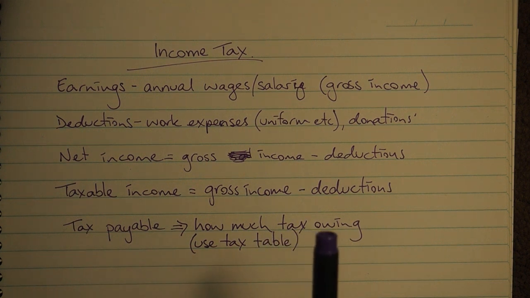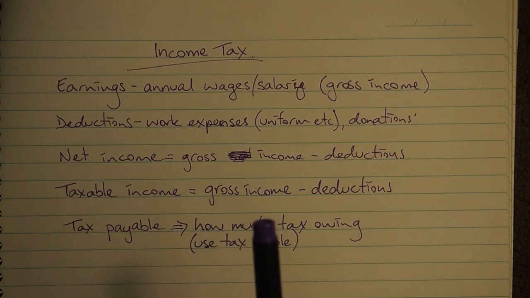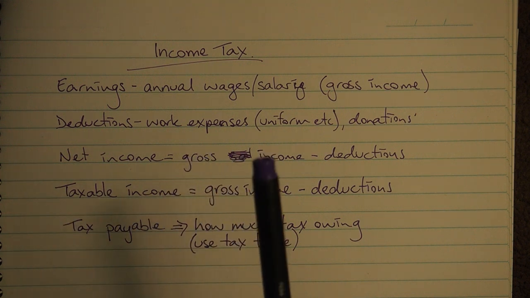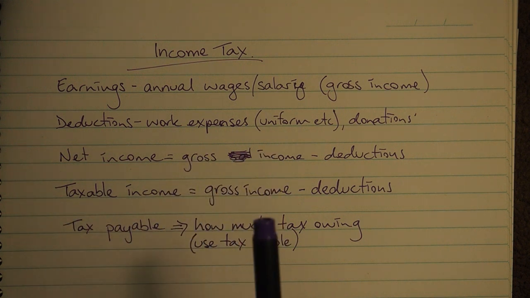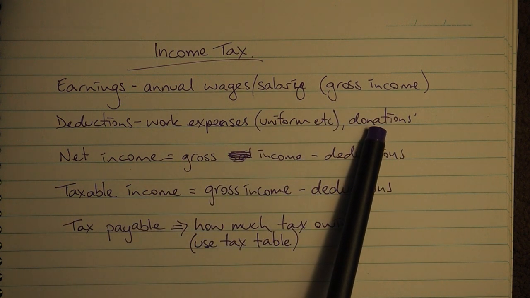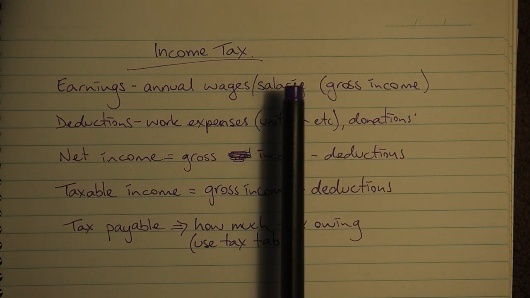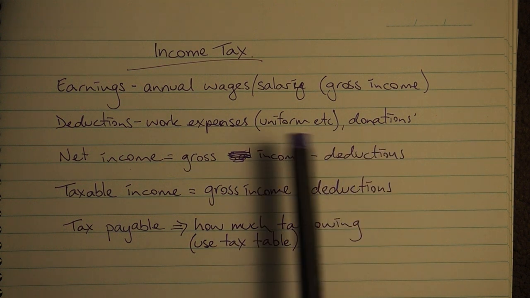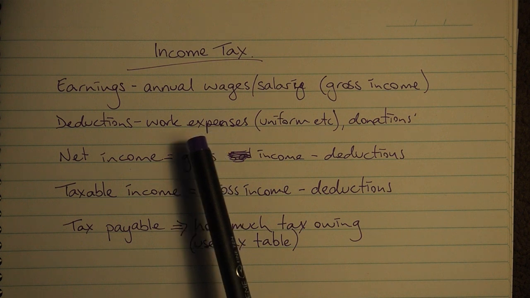That's called a work expense, and you can deduct it from your earnings to lower your taxable income. You can also deduct any donations that you make to charity. So if you even donate $100 to charity, what that means is you don't pay tax on that $100. That comes off your gross income to lower your taxable income. All right, and so we'll get to taxable income in a second.